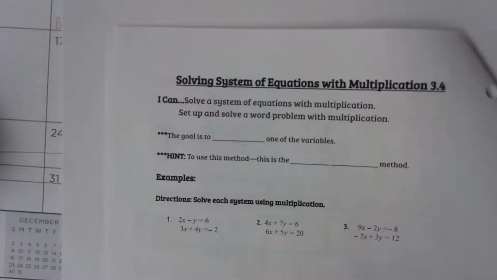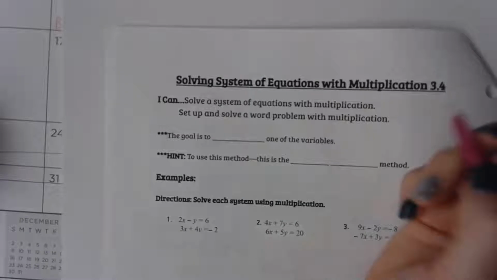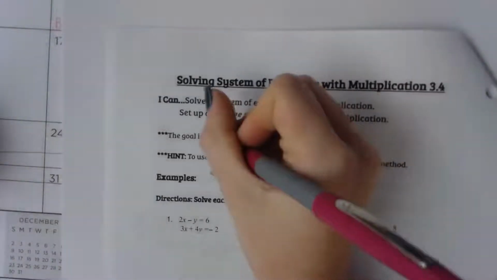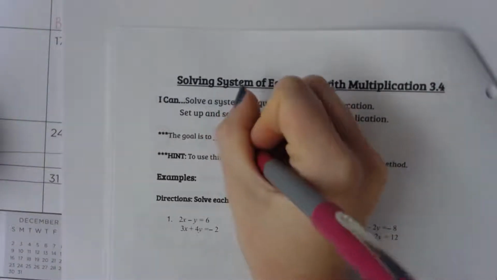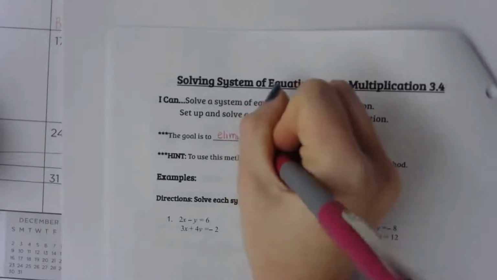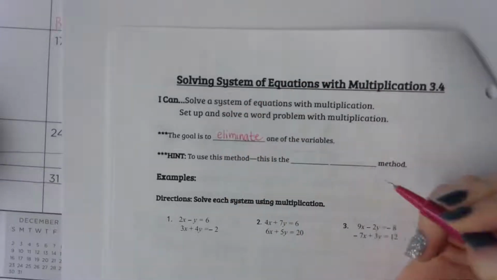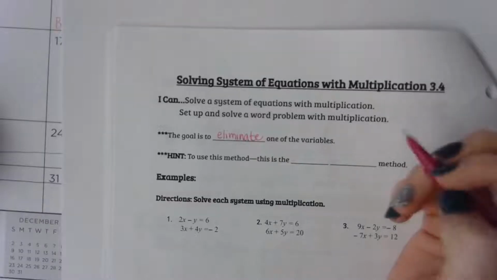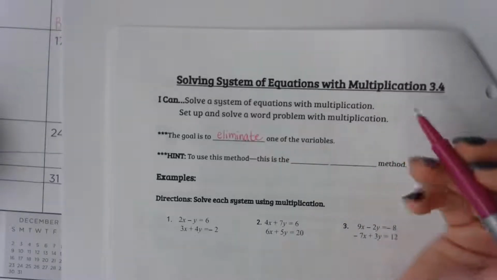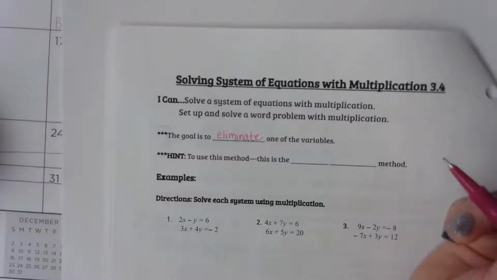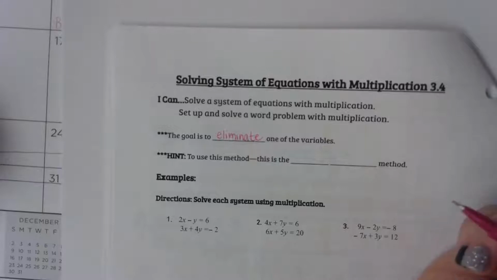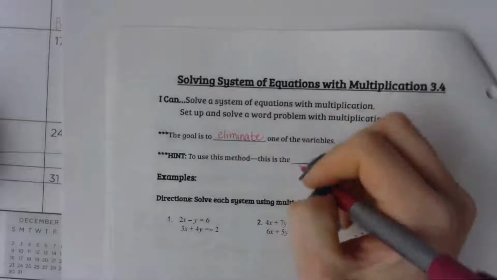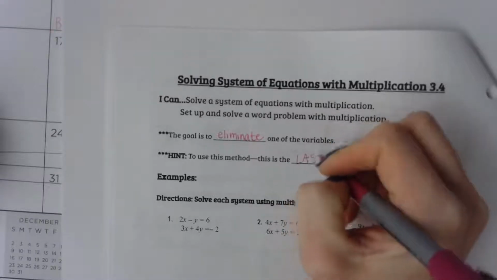Now, this one is a little bit more difficult, so the goal is to still eliminate one of your variables, just like addition and subtraction, but your variables aren't going to line up like they do in addition and subtraction. So you're not going to have the exact same or opposites. Because of that, this is a last resort method.